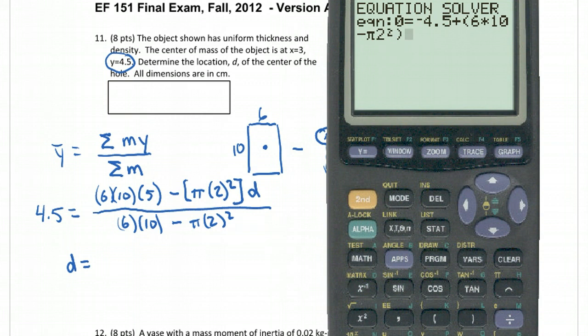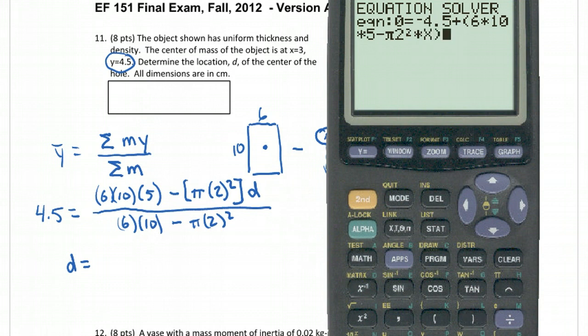Why did I do that? I want the quantity in the top. So 6 times 10 times 5 minus pi times 2 squared times our D or our x value.